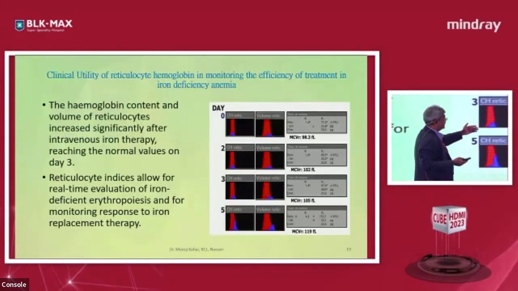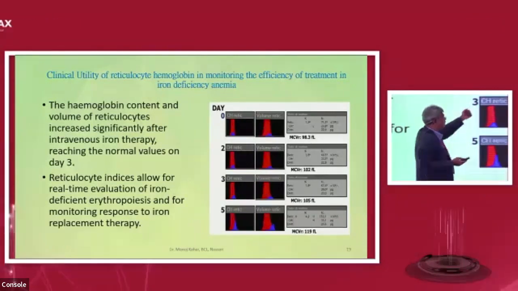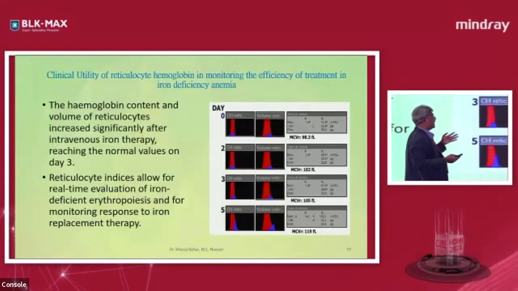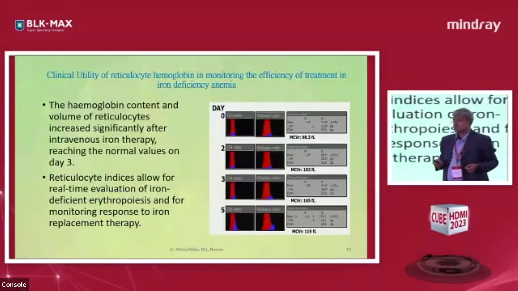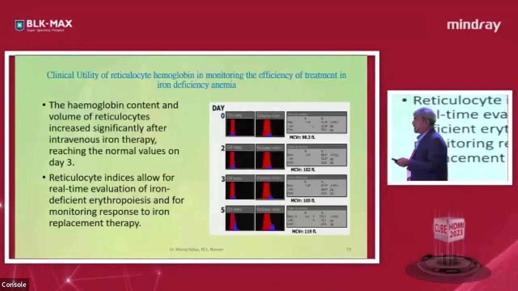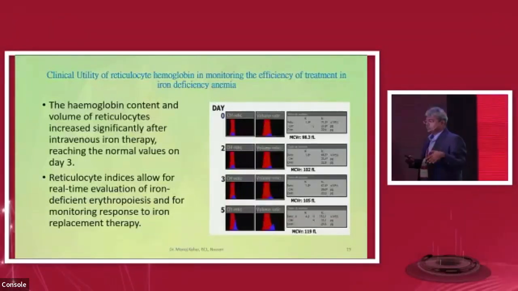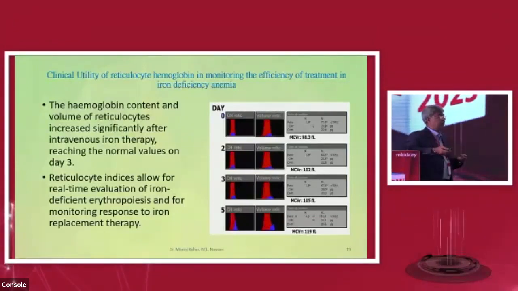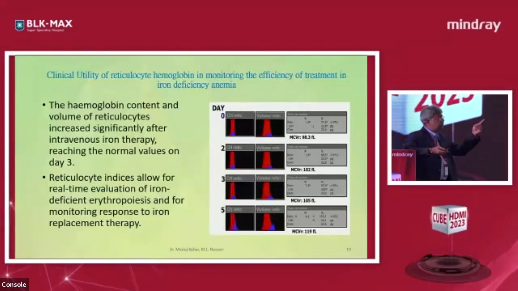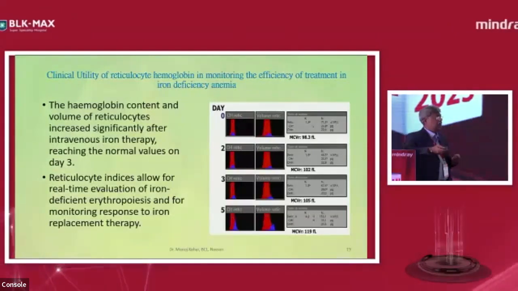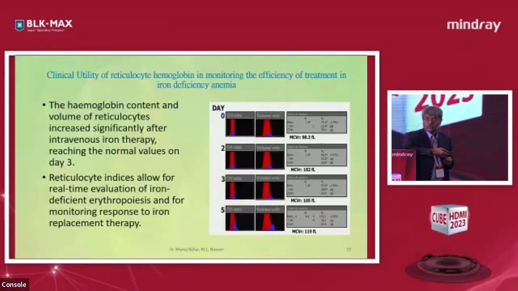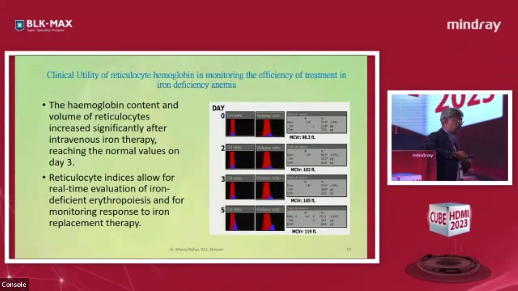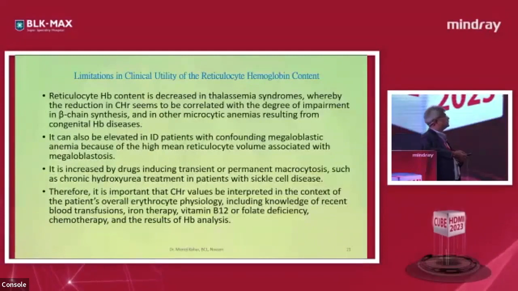So it increases, and simultaneously the reticulocyte volume is also increasing, 98.3, 102, 105, 119. And even on day 4, you can judge that the patient is responding to your treatment. Usually the clinicians do the CBC and evaluate the response of therapy after say 10 days or 12 days. But this is a good parameter which will tell you very fast whether your patient is responding to treatment or not.